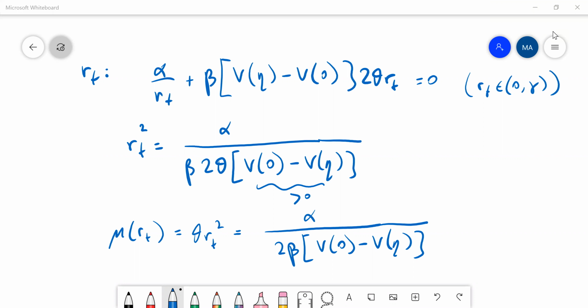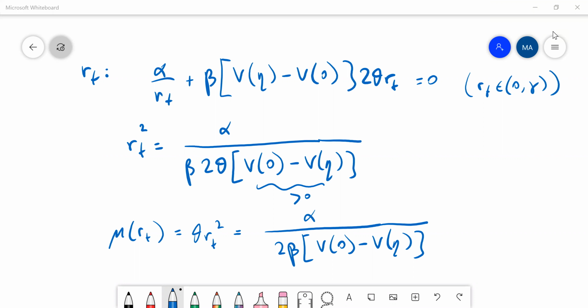So it is V0, so it will be, let me write it again. So it will be theta r square, right? Theta r square times V eta plus 1 minus theta r square times V0.